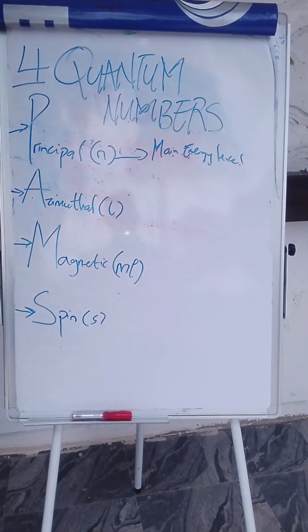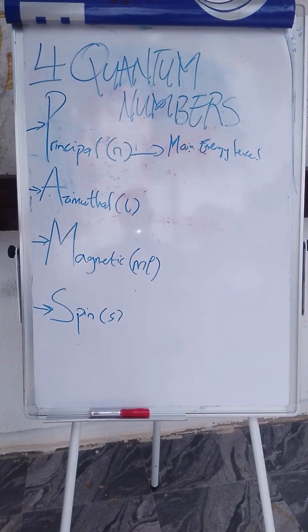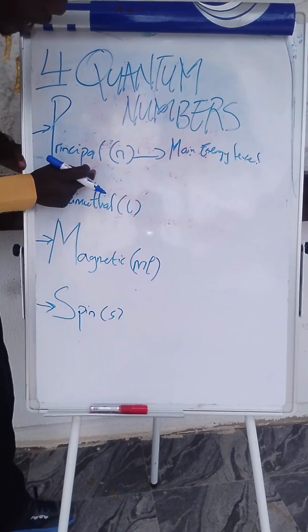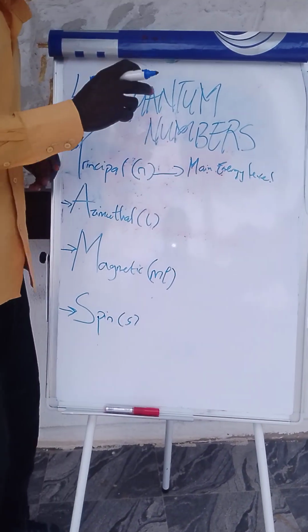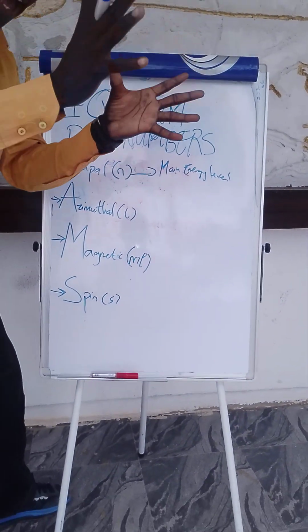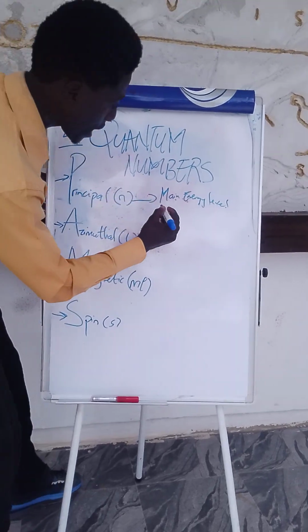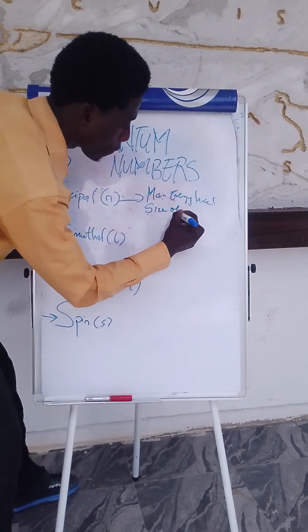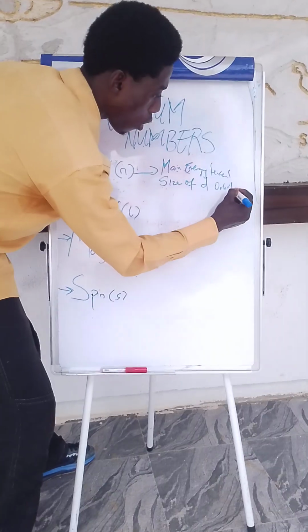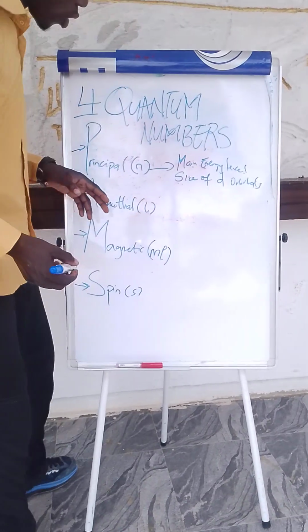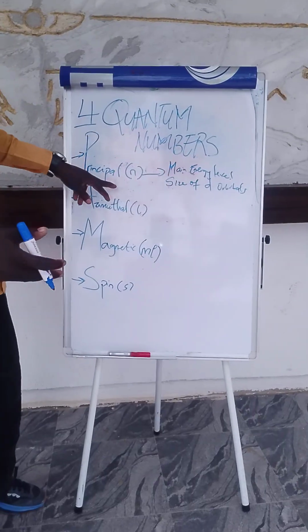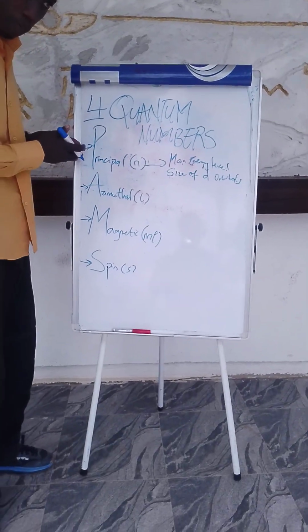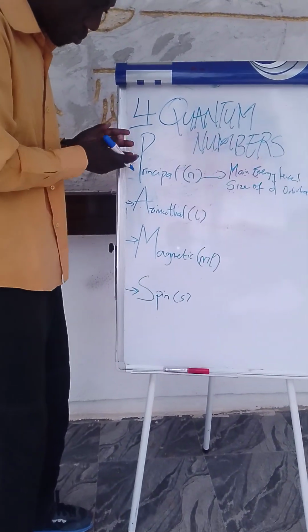Going back to the principal, it describes the main energy level, and it also describes the size of the orbitals. So if they ask what describes the size of the orbitals, it's simply the principal.